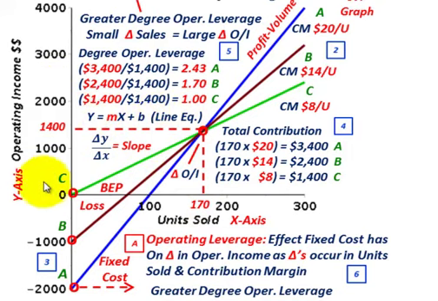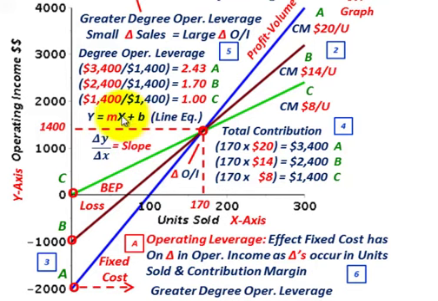Y, our operating income, equals M, the slope, or the change in Y over the change in X, times X, plus the y-intercept, or where x is equal to 0, where our line intersects the y-axis. For alternative A, we have a slope of 20, 170 units sold, and our y-intercept is our fixed cost, a negative $2,000.